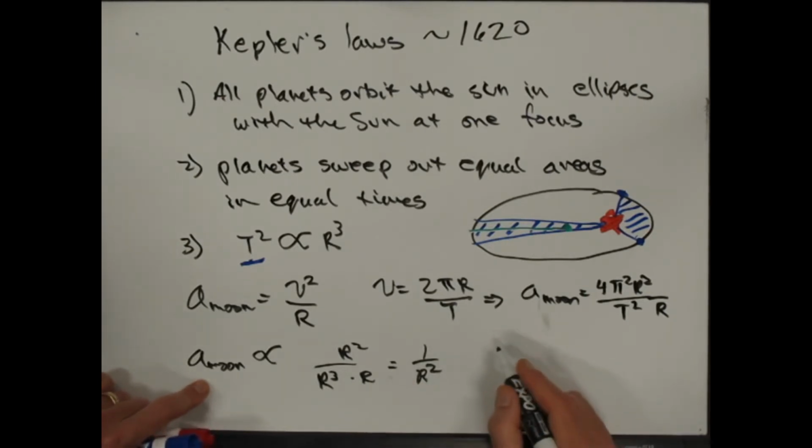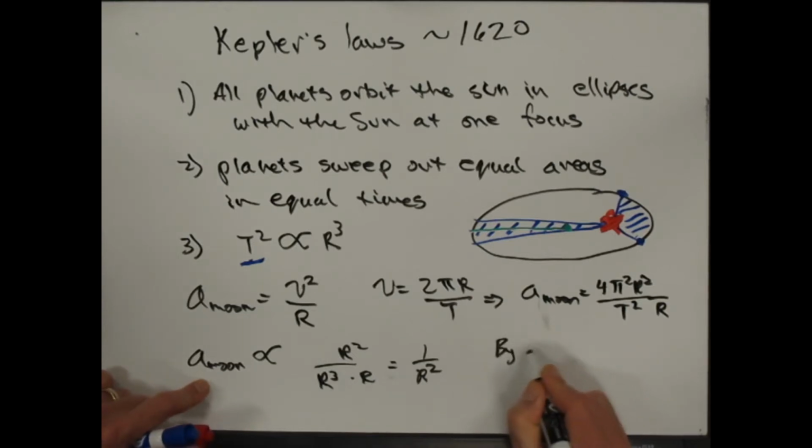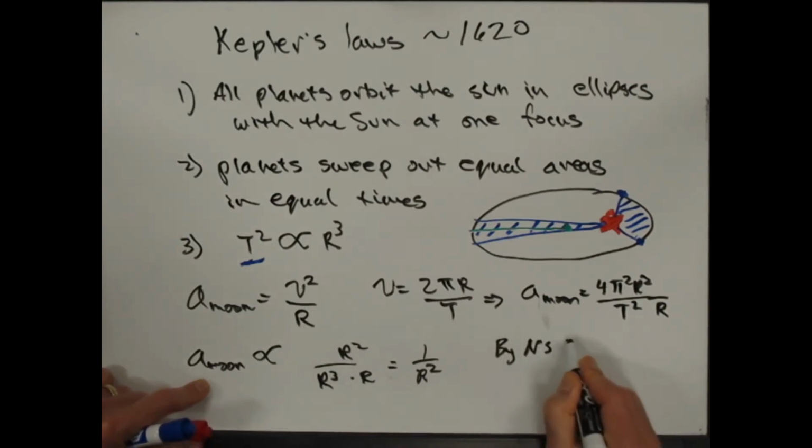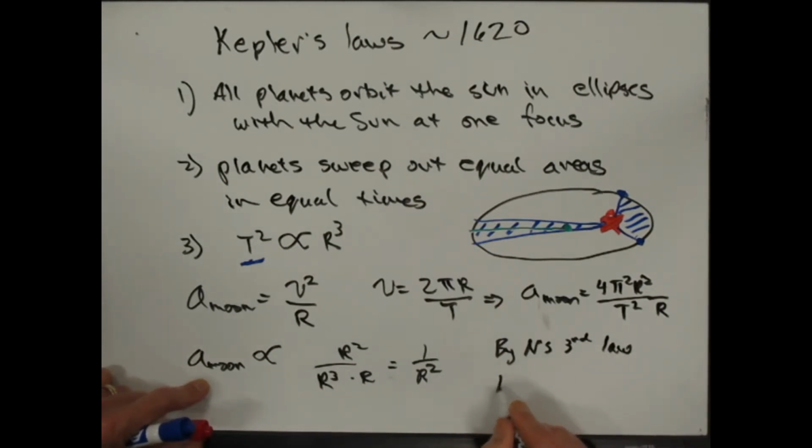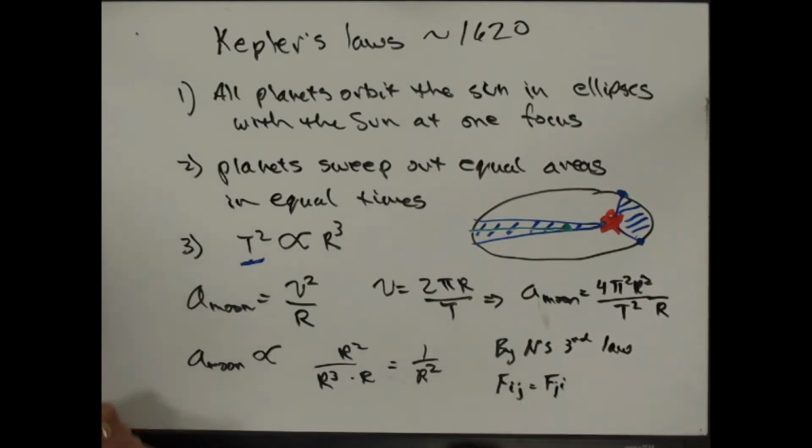He also knew that by Newton's third law, F_ij is equal to F_ji, right? Or minus F_ji if you want to put vectors in there. But the magnitude of these two forces is the same.